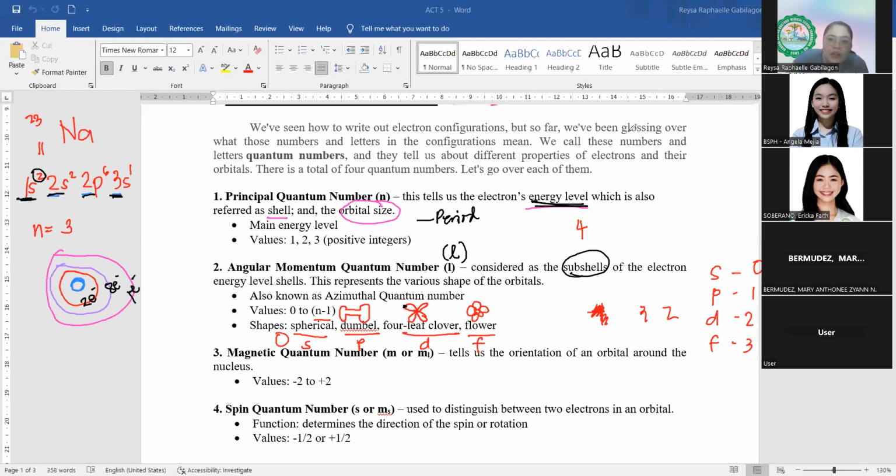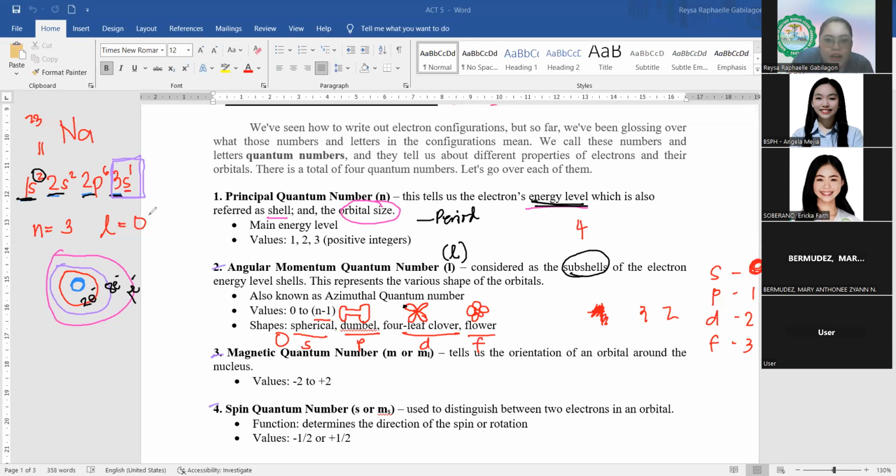Now, starting with the azimuthal quantum number, you will only look at the last configuration. Okay, ang titingnan lang talaga natin is the last configuration. Now, sa last configuration, makikita nyo yung letter dyan, it's S. So, pag S, it is represented by the number 0.